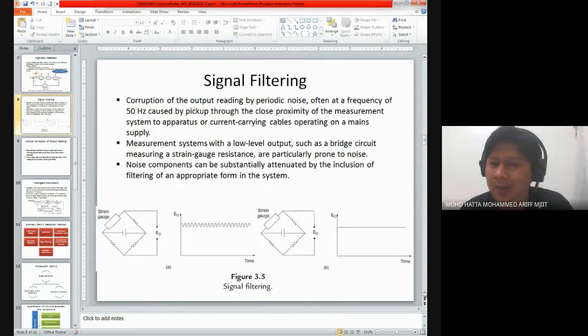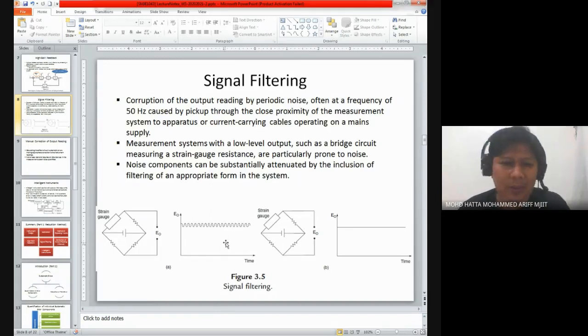Another one is the way we reduce the systematic error due to, for example in this case, noise at a certain frequency. If you look at the output of our circuit, it's oscillating, and from the oscillating pattern we know that this is due to a 50 hertz or maybe 70 hertz distortion or output corruption.